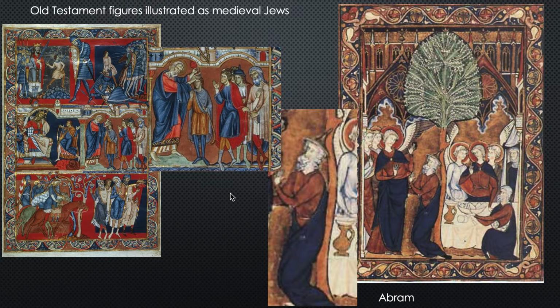So I found a couple of illustrations that I had of some Old Testament scenes. This is Saul anointing David here, and I'm assuming that this is Jesse, David's father, and some of his brothers, and one of them is wearing this cap.